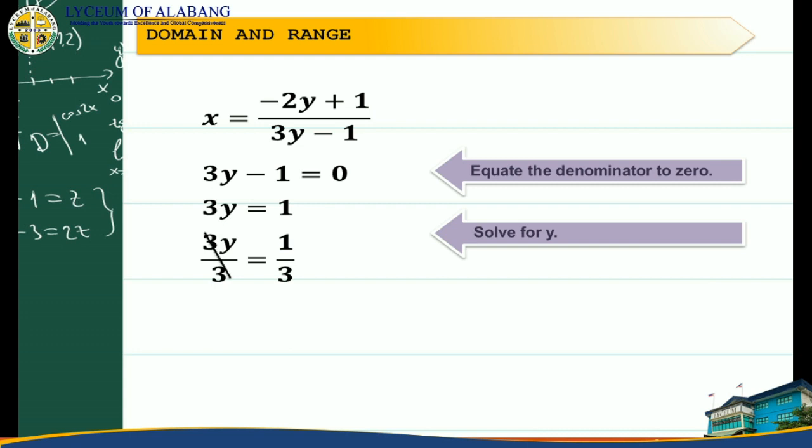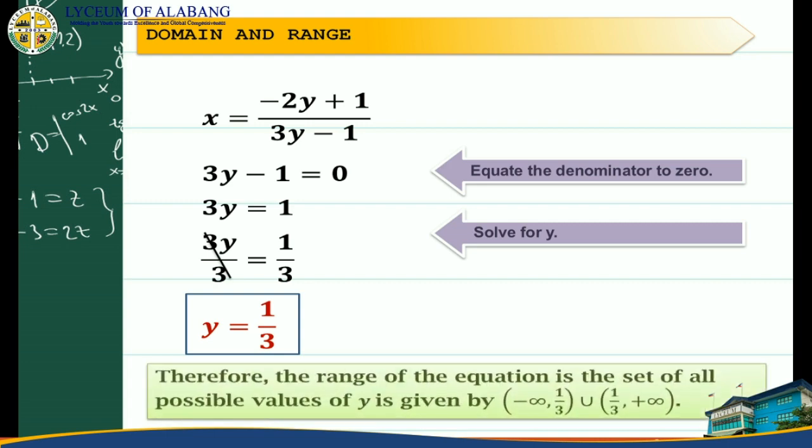Then, cancel out the common term, which is 3. So, y is equal to 1 over 3. Therefore, the range of the equation is the set of all possible values of y is given by negative infinity to positive 1 over 3 union positive 1 over 3 to positive infinity.